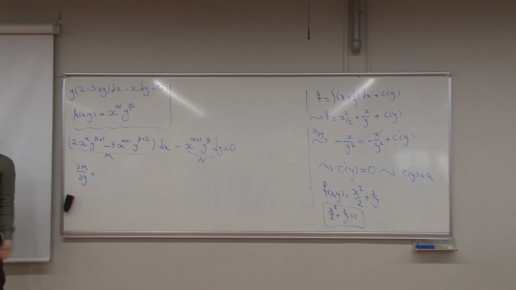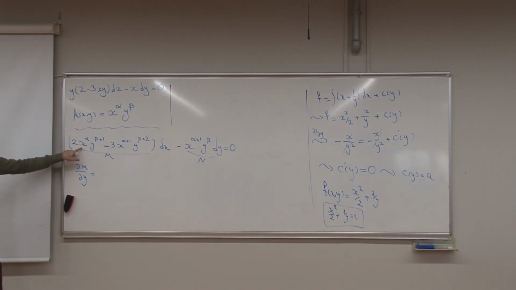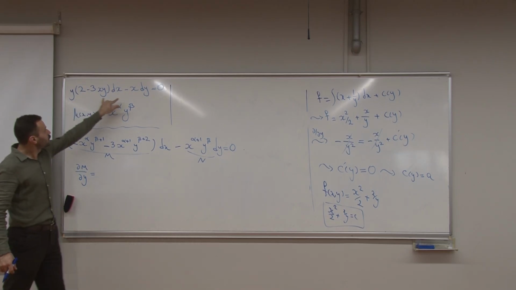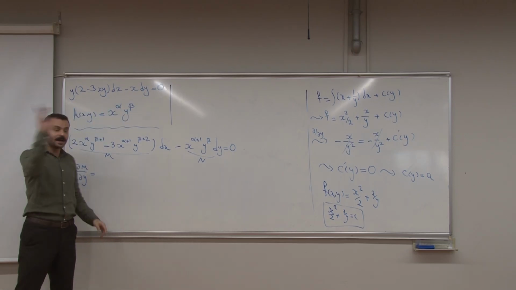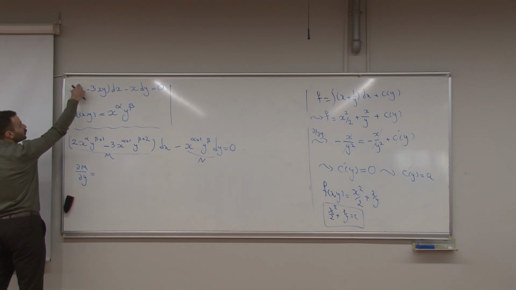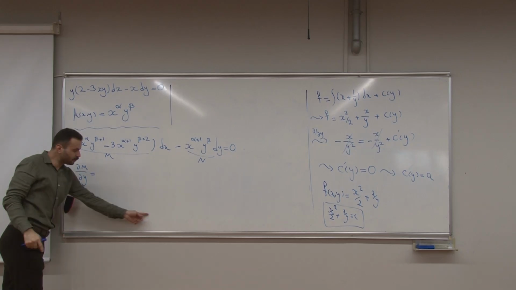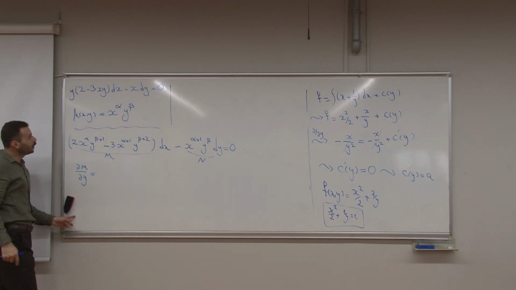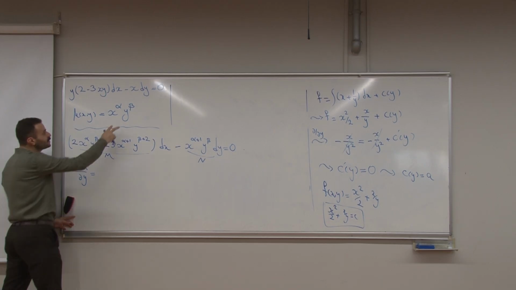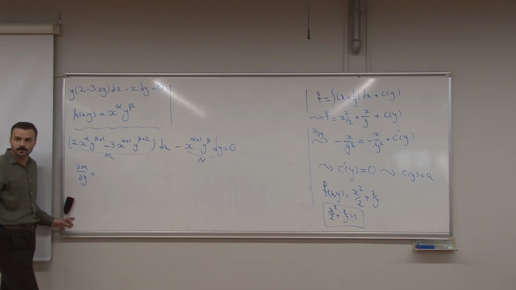Excuse me, sir. Yes, please. Where did the x, the alpha, the number go? See, I have this whole thing here, and I'm multiplying it with this expression. This is 2y minus 3xy squared, right? What I have written here. I assume that my integrating factor is in this form, so multiply it with the equation.